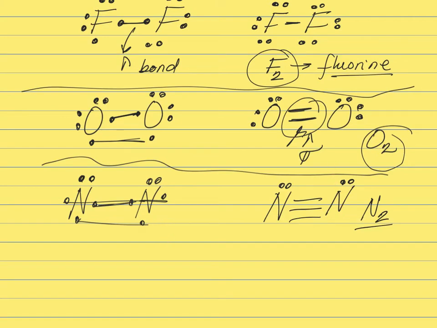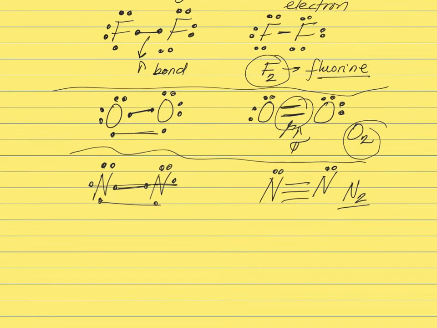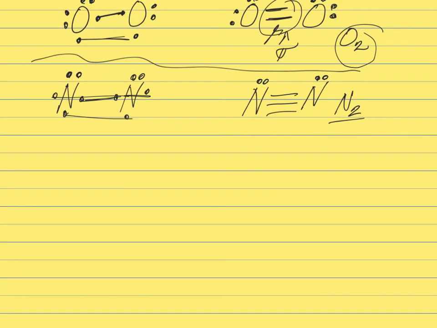Okay. Is it possible that they can form a bond in which 4 pairs of electrons are shared? No. Because the only non-metal with that ability is carbon, and carbon doesn't form diatomic molecules.